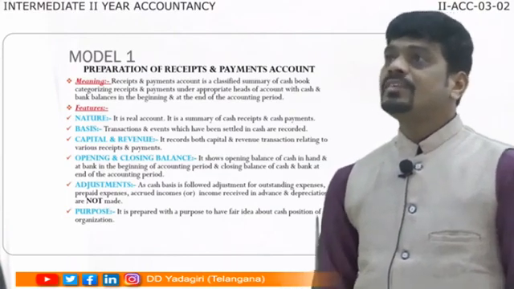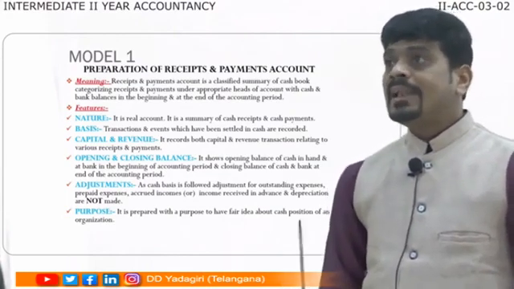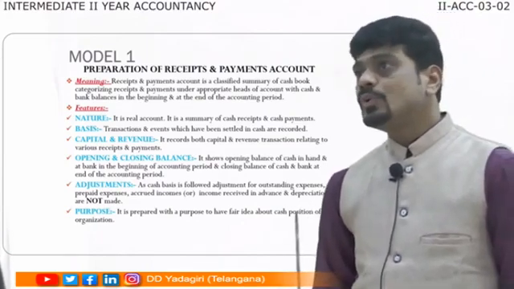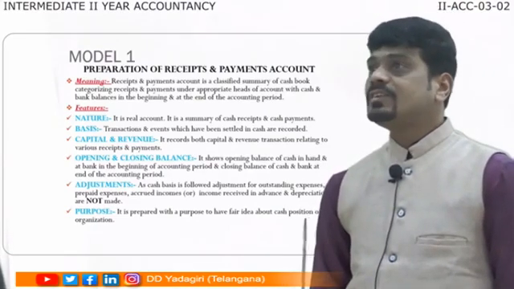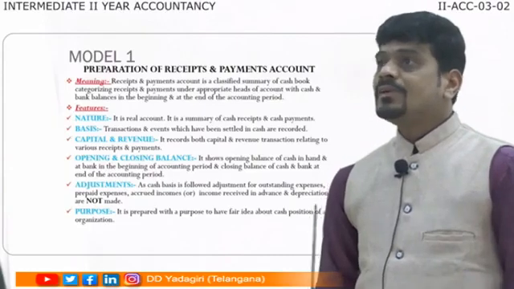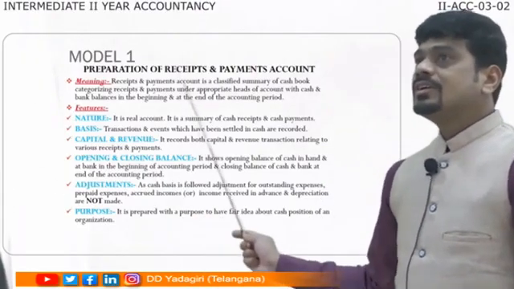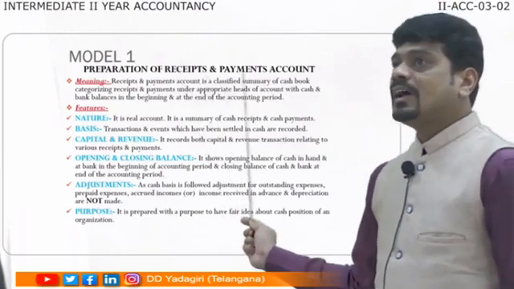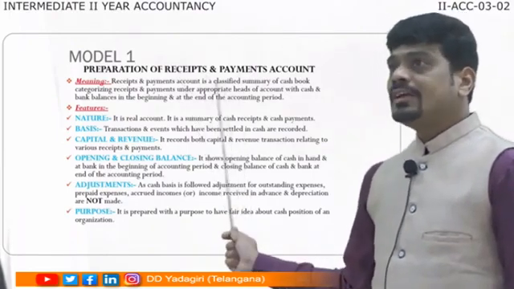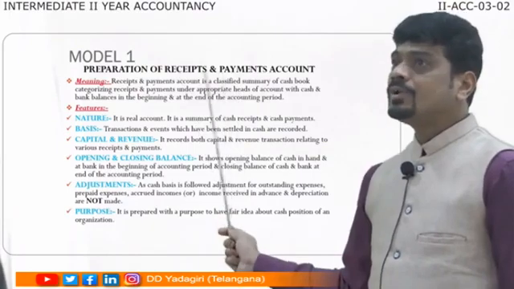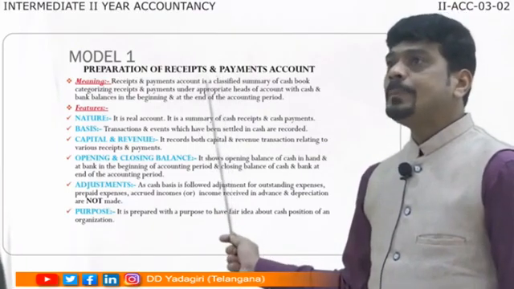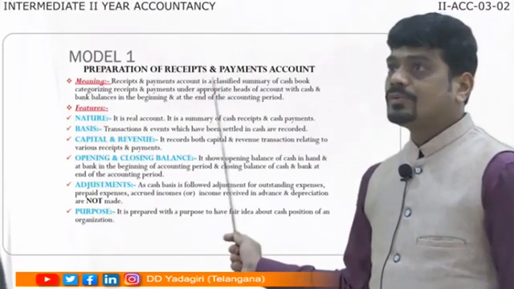Generally, you say there are three accounts. No, balance sheet is not an account. Please do keep in mind, balance sheet is a statement. Thereby, we have two accounts. The first account is your receipts and payments account. So today, in this session, we are going to learn how to prepare the receipts and payments account.